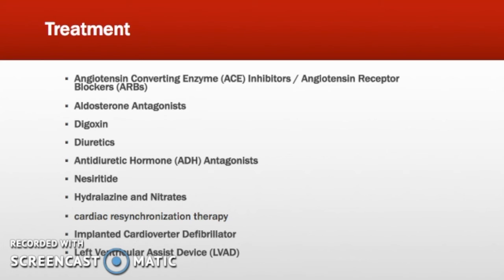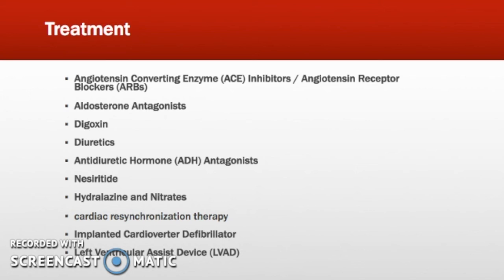Many patients with heart failure present with some degree of hyponatremia from water retention. Nesiritide is a recombinant form of B-type natriuretic peptide and is used for the treatment of acute decompensated heart failure. Nesiritide has potent vasodilatory properties and reduces pulmonary capillary wedge pressure effectively. This results in improvement of dyspnea.